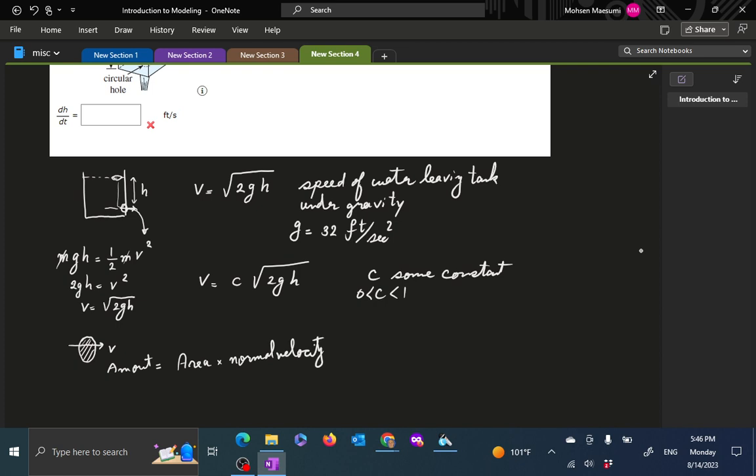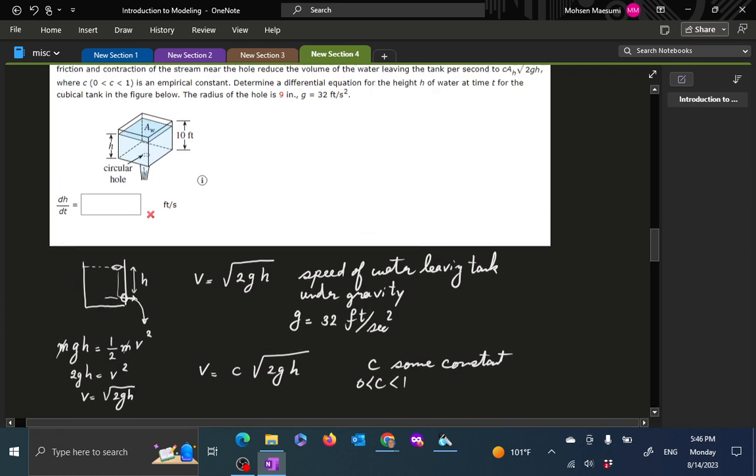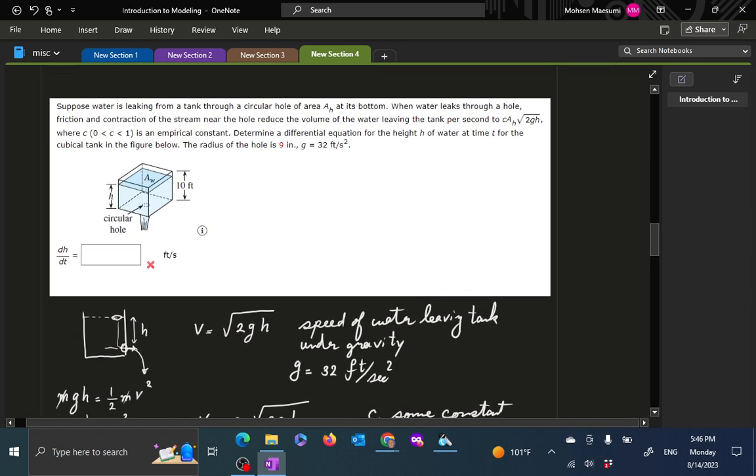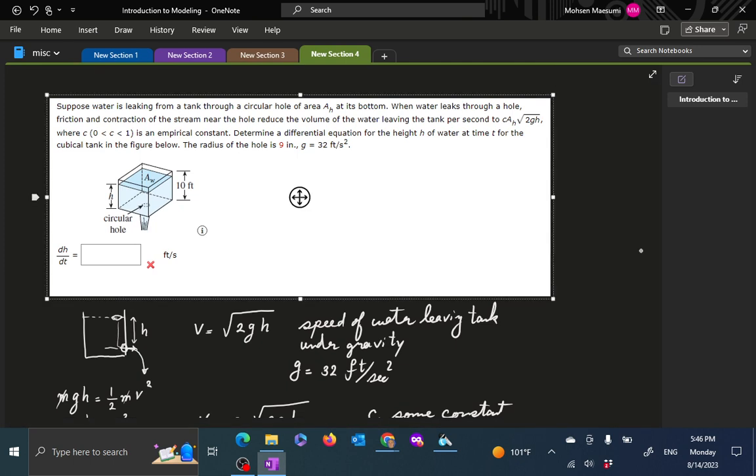Well, the water that's leaving is leaving at the velocity given by this formula. Your book is writing the area as A sub h. I'm afraid you might think that h has something to do with the height. No, it's unfortunate notation. The book is just referring to the area of the hole. So A sub h is the area of the hole.